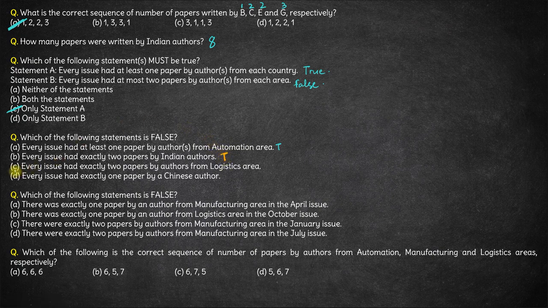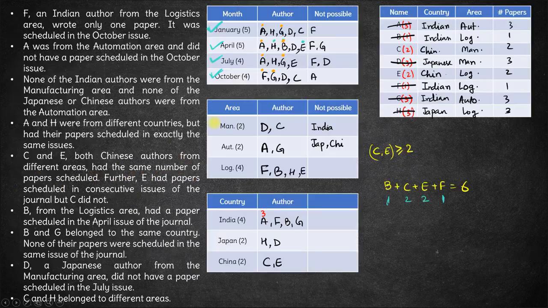Okay. Let's look at the third option here. Every issue had exactly 2 papers by logistics area. So let's look at the logistics area now. Starting from January, logistics is F, B, H and E. So there are 2 people, H and G, from the logistics area in January.